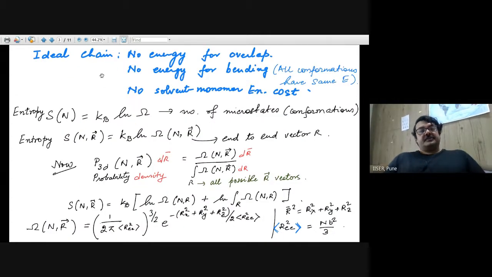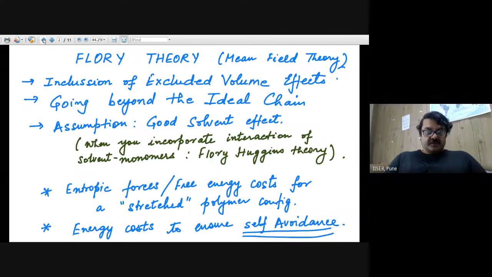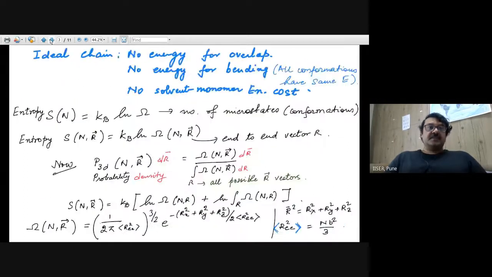Just to remind you, an ideal chain considers no energy for overlap. When calculating this entropy cost, we will be assuming the ideal chain, but otherwise we will also be considering energy for overlap.